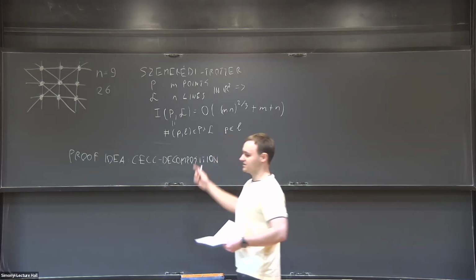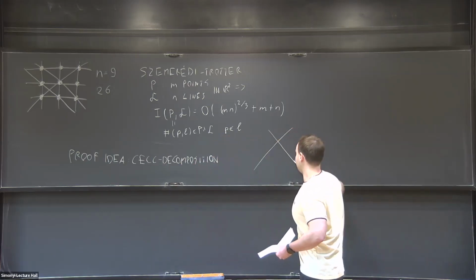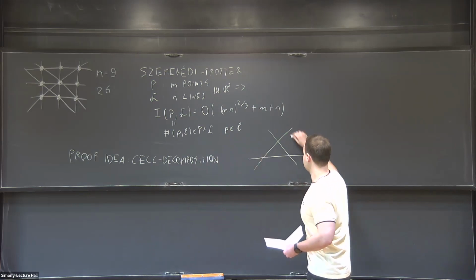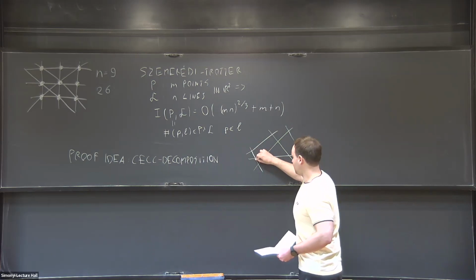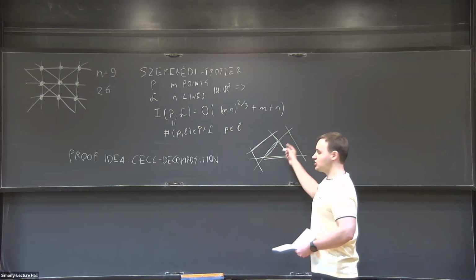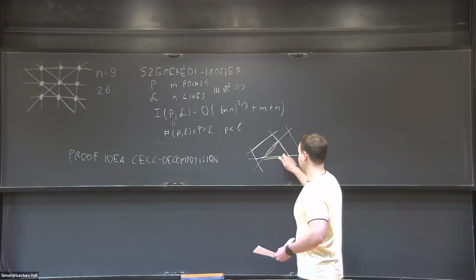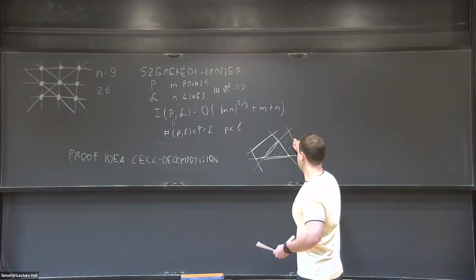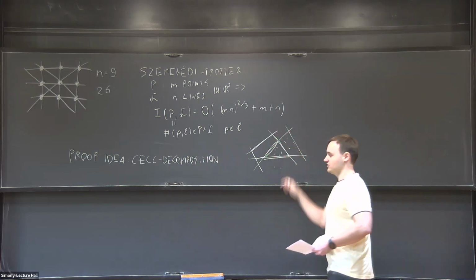We can show that we can divide the plane into cells, which are just some convex subsets, so that each of the cells contains roughly the average number of points of your set. If you have k cells, then you have roughly m over k points in each of the cells.